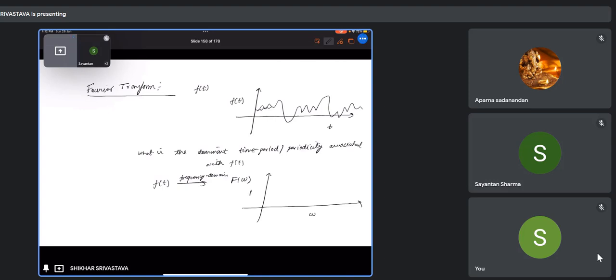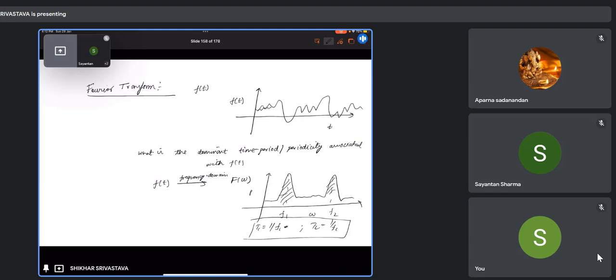When you plot this, you get something like this: corresponding to two frequencies, you get the maximum amount of area centered around these two frequencies. Then you can say that the dominant periodicity of f of t corresponds to these two frequencies, f1 and f2, that is t1 equals 1 upon f1, and t2 equals 1 upon f2. These are the dominant time periods associated with those frequencies.